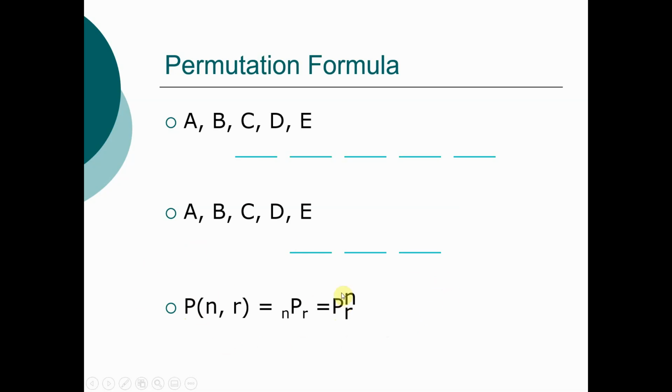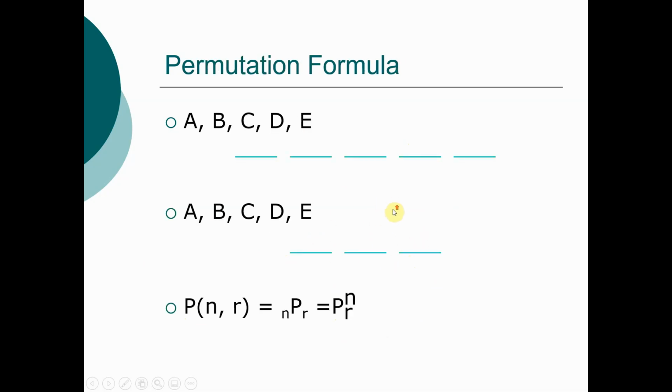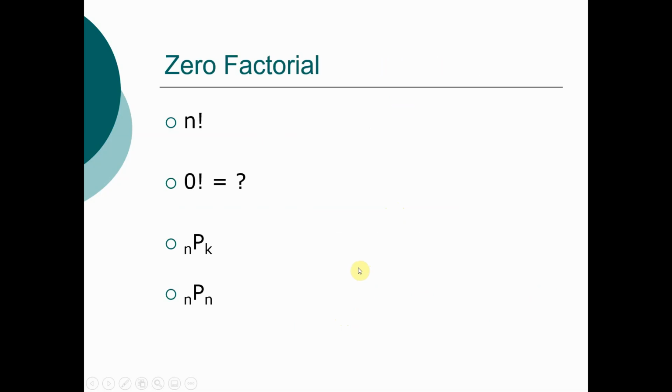That's the permutation formula. If we have repetition, then we have to analyze the problem like I just did: how many options do I have for the first place, how many options for the second, and how many options for the third. Later on, we also see permutation when we have repetition, and we're going to see another formula for that case as well.